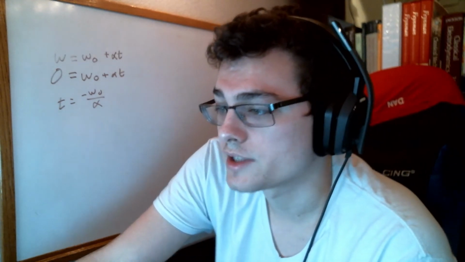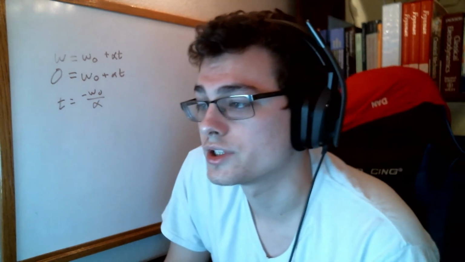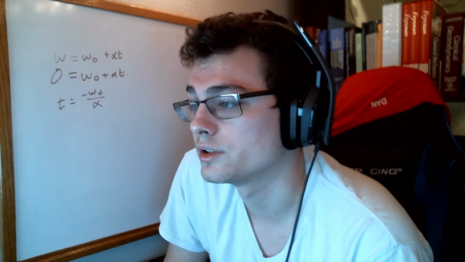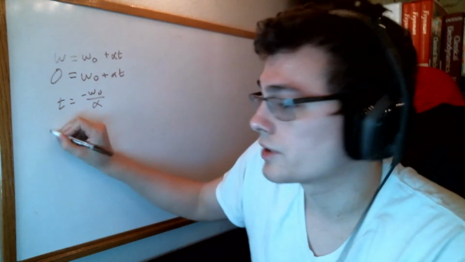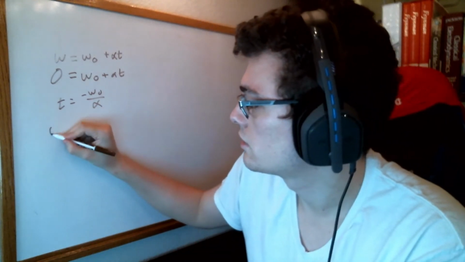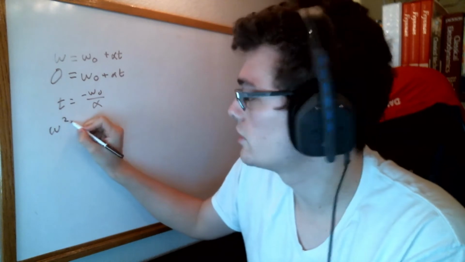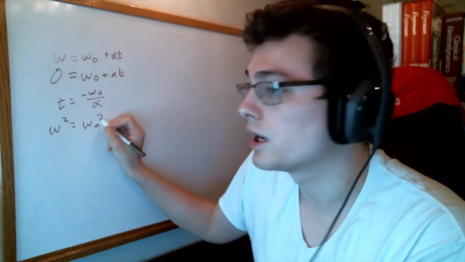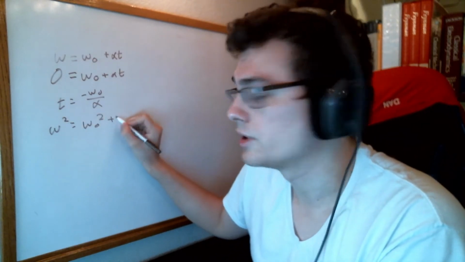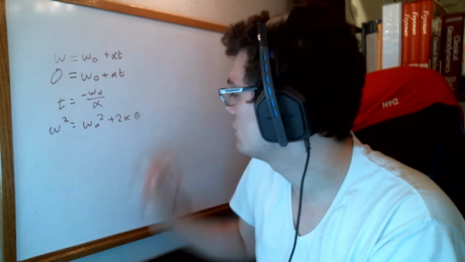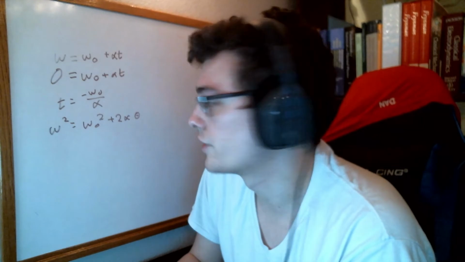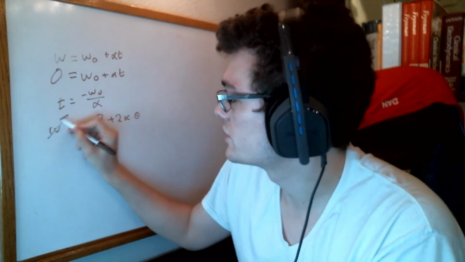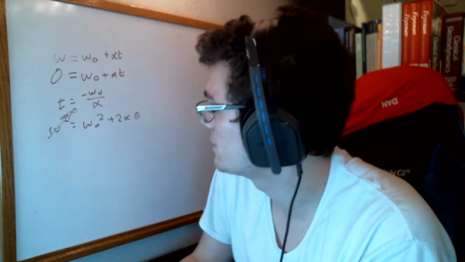And so then it asks how many revolutions it takes until it stops. And so you use your other kinematic equation here, where omega squared is equal to omega naught squared plus 2 alpha theta. And so then you just solve this equation for theta. And again, we're saying this is coming to rest.